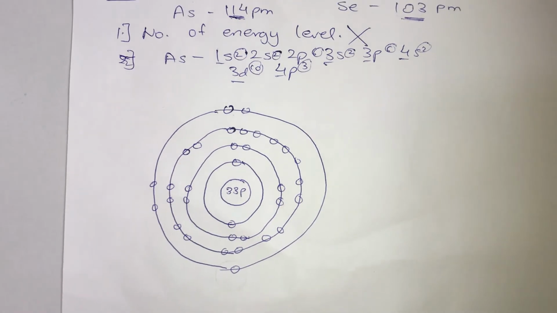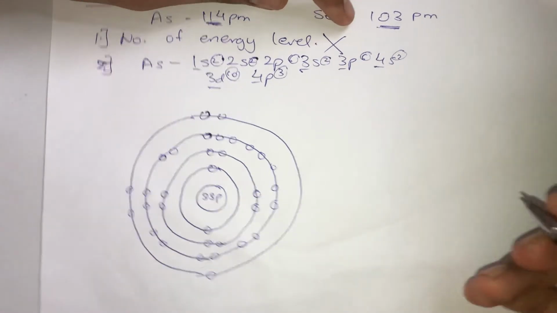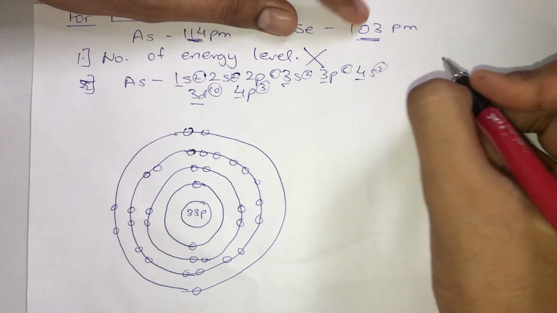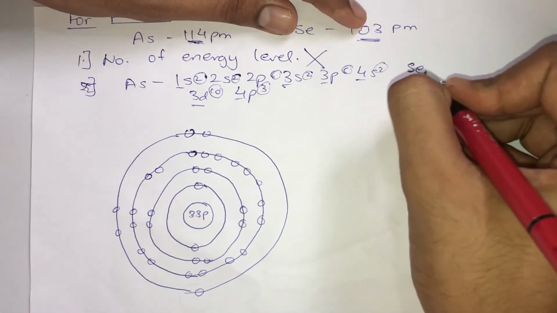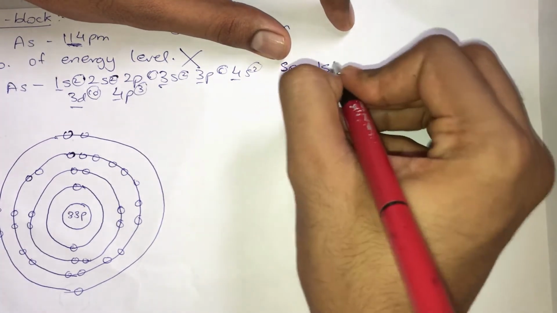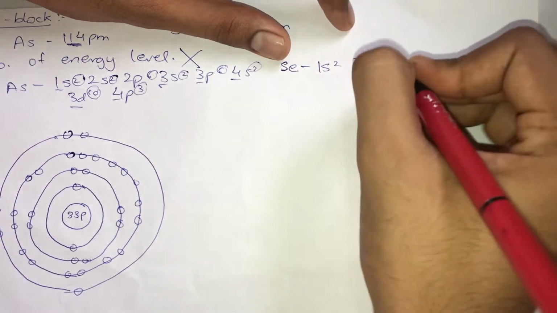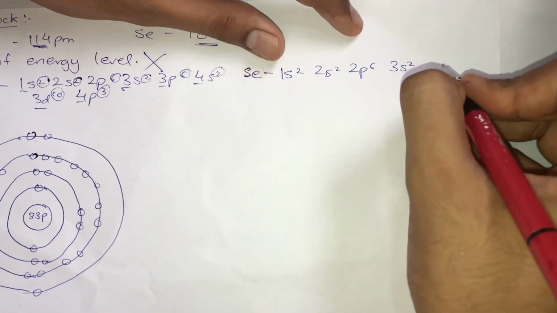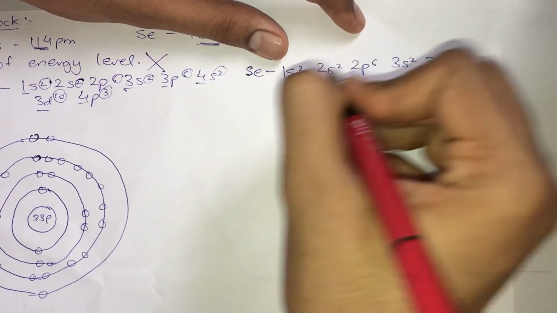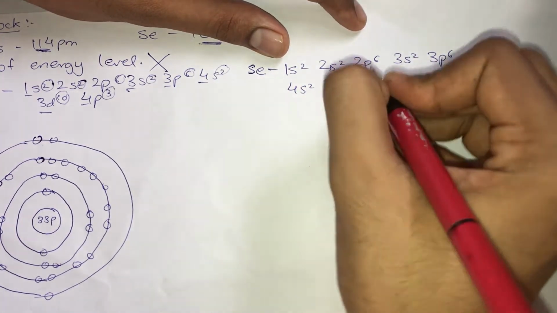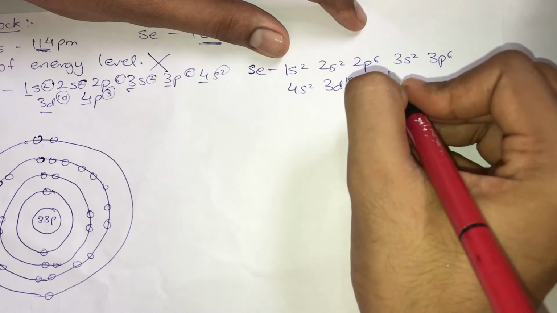Now what is the electronic configuration of selenium? It is nothing but 1s2, 2s2, 2p6, 3s2, 3p6, 4s2, 3d10, 4p4.